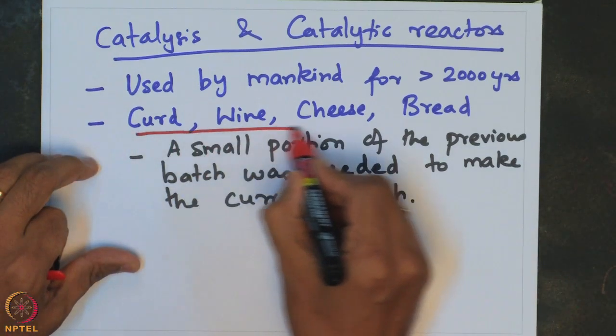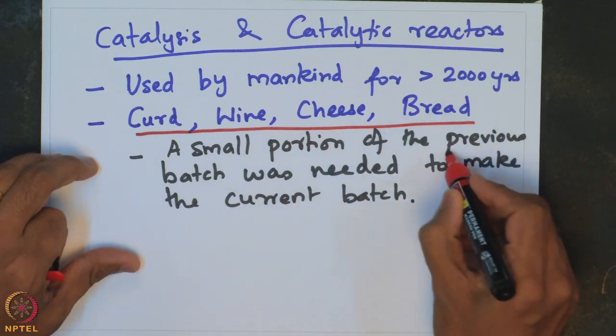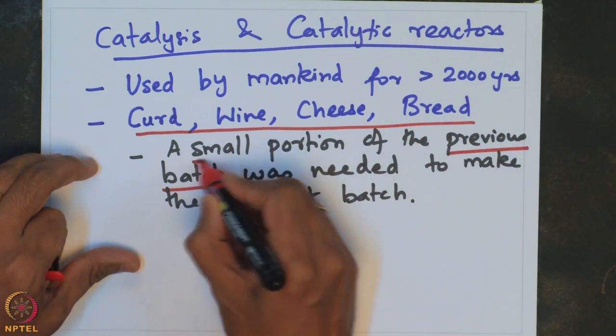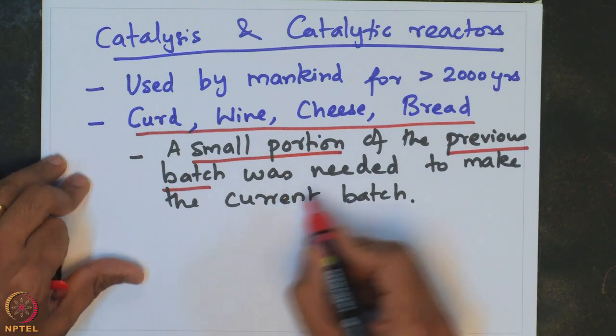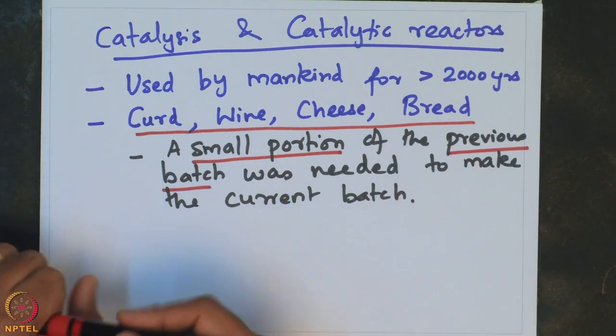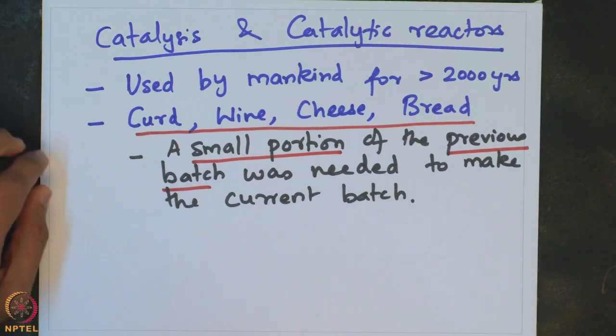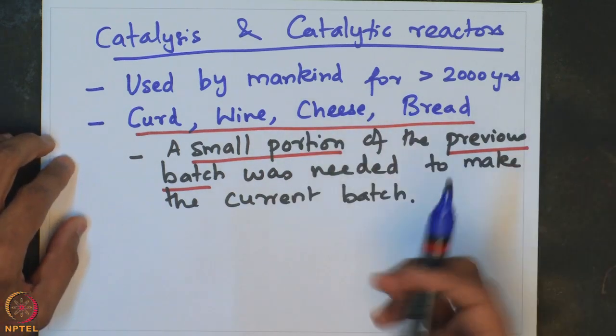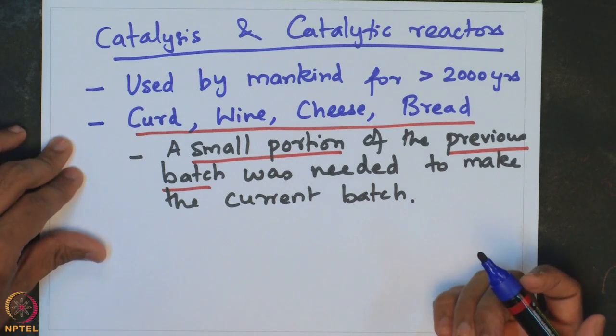So, a small portion of the previous batch was needed to make the current batch. That was the observation made by mankind for so many years now.